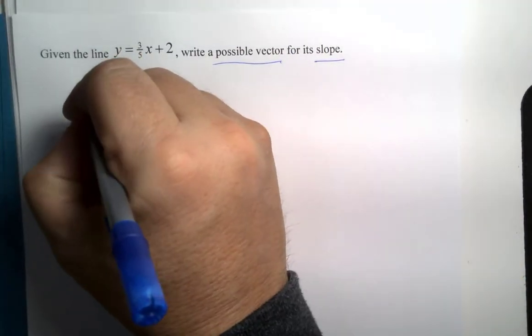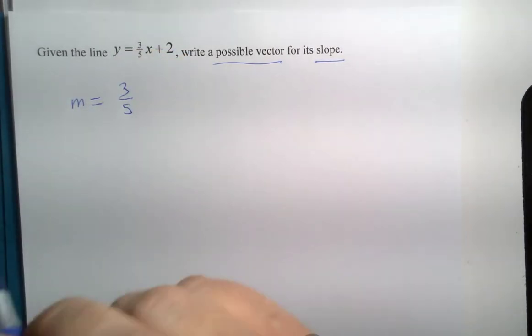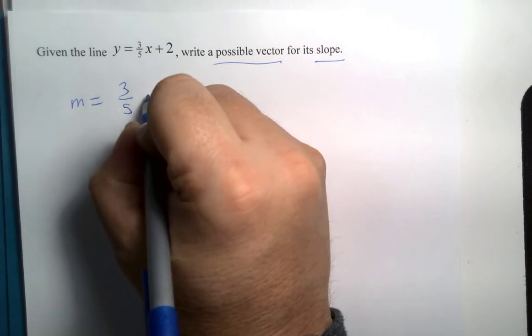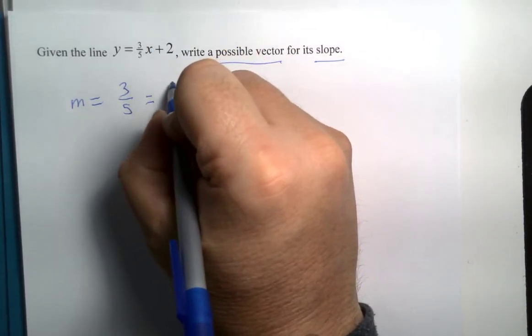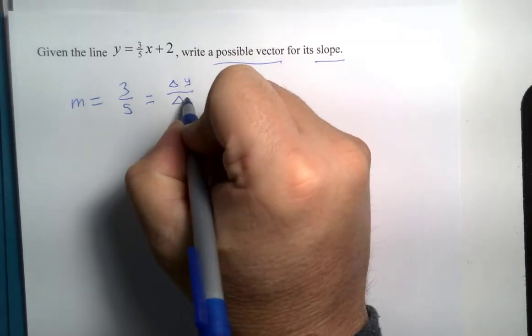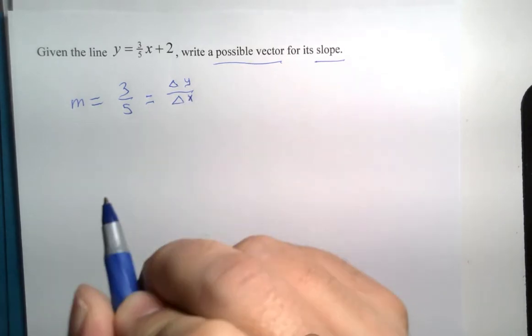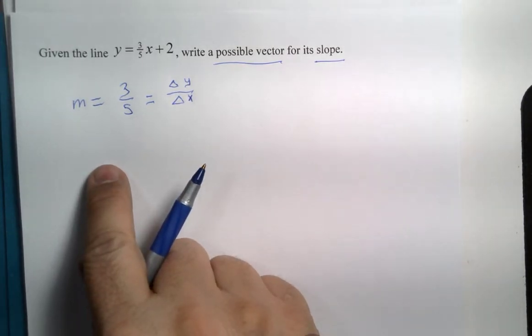Could we take the slope 3 over 5, which my high school chemistry teacher would have said, oh, that's a change of y over a change of x. Could I write this as a vector?